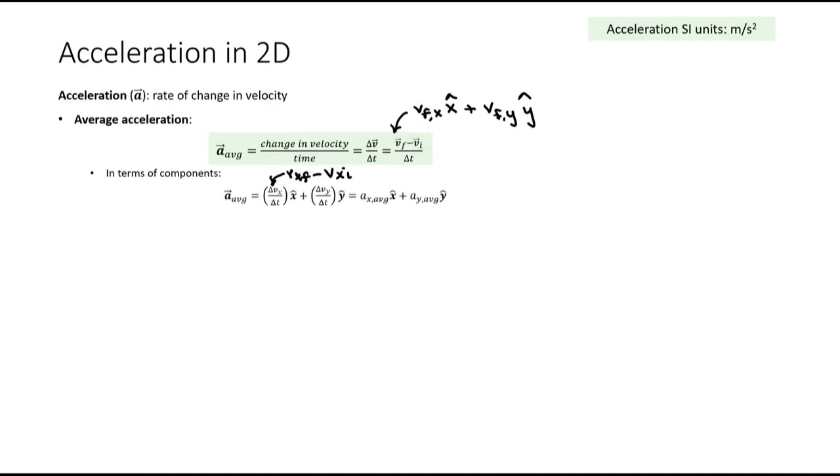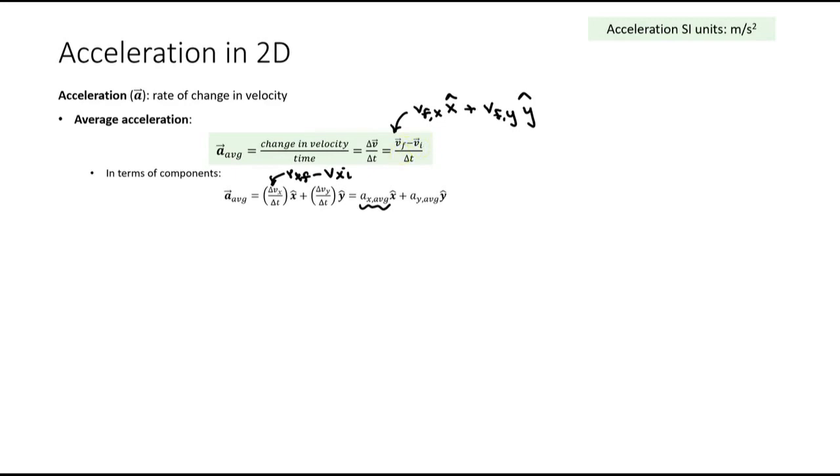So we could think about a change in velocity in the x direction divided by delta t to give us our average acceleration in the x direction over that amount of time, delta t. And then we can add that to our change in velocity in the y direction, which would be vy final minus vy initial divided by delta t. Again, that comes from the fact that we can't mix our x and y components when we do this vector subtraction of v final minus v initial.